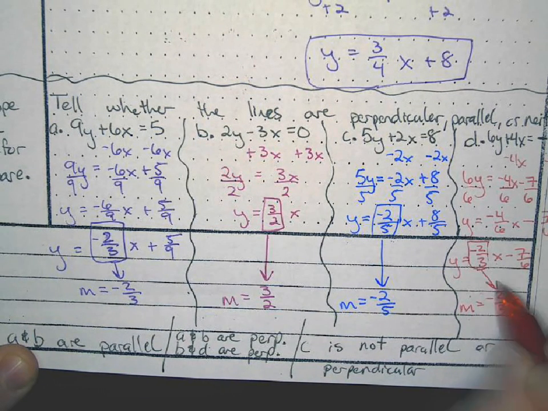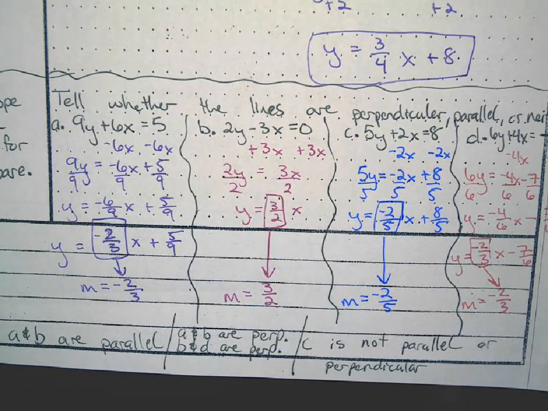And then after we found that number, we could do our comparison using our ideas that we've learned. If the numbers are the same, if those fractions are exactly the same, then we say that they are parallel. If they are flipped and opposite, we say they're perpendicular. If none of that's happening, we'll just say neither, or not parallel and not perpendicular.